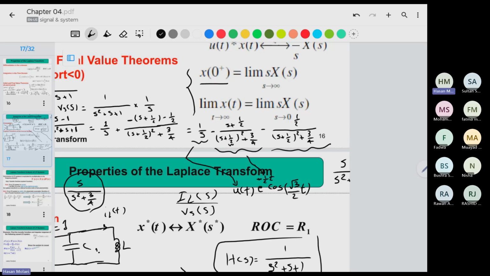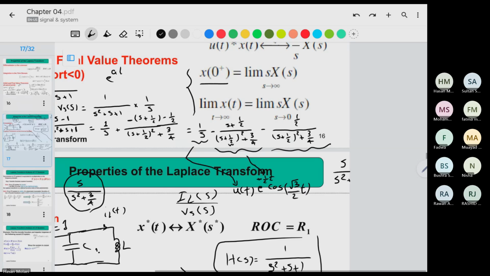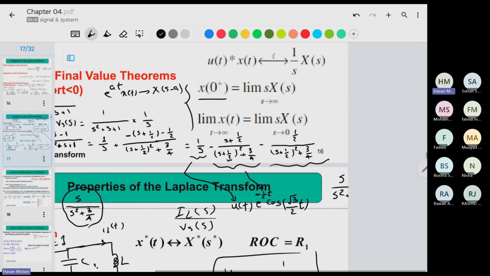If you remember, e to the power of at times x(t) in the s domain should be X(s minus a). How about the last one? I don't have space here.